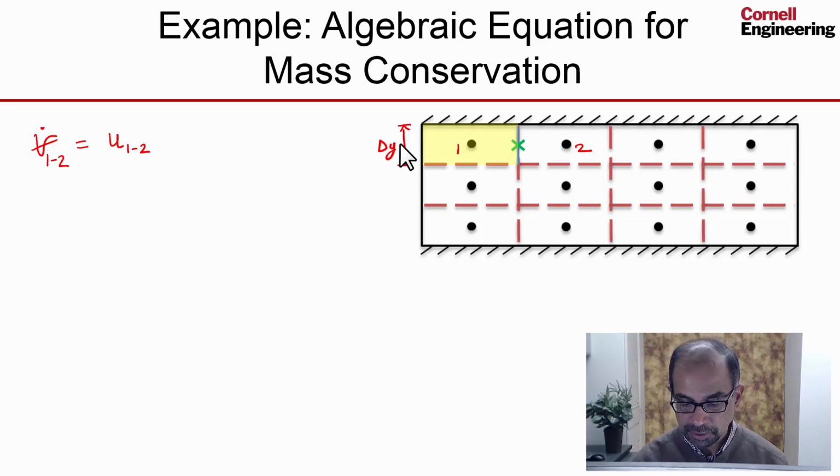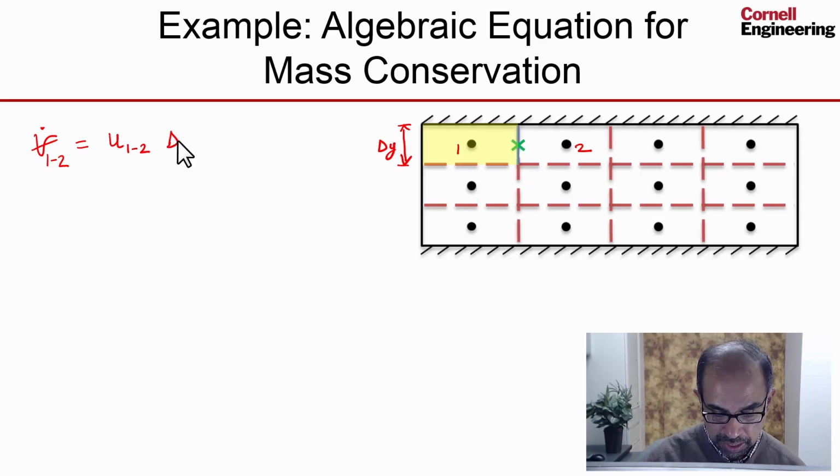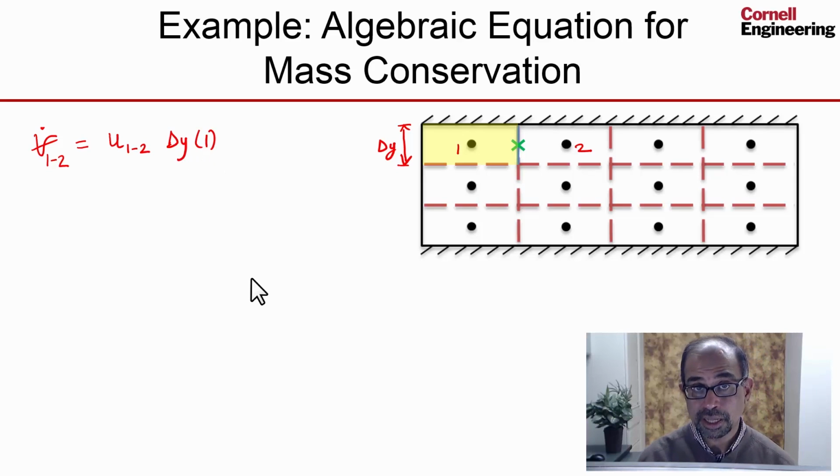That's called a mesh spacing. This means that the area of the right face is going to be delta y times 1, and that is the dimension in the direction perpendicular to the screen. This term will be common to all the terms and will drop out, so we can assume 1 without loss of generality.